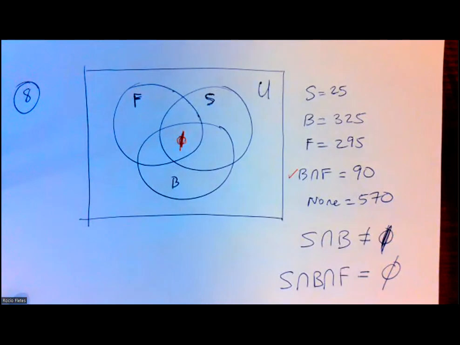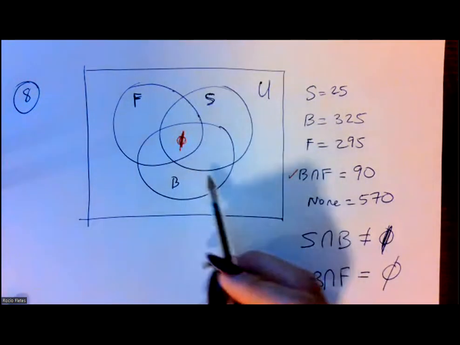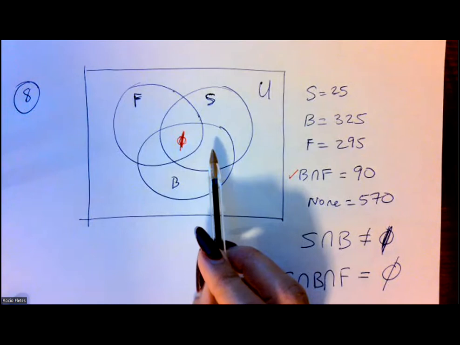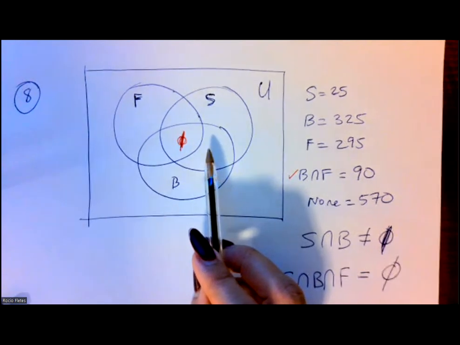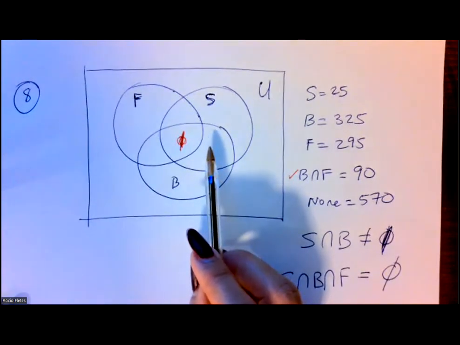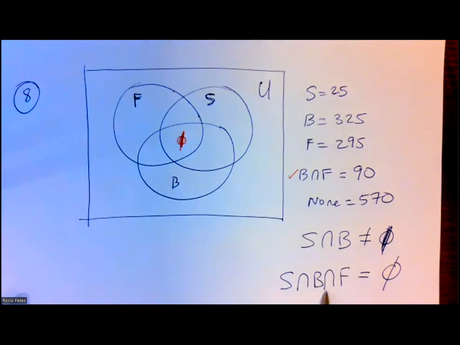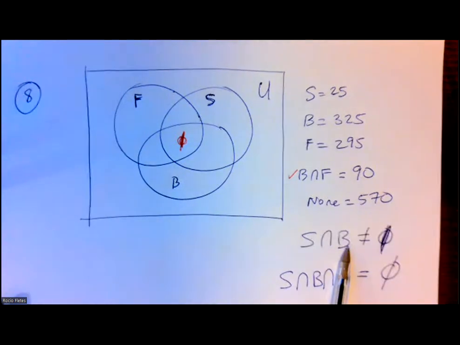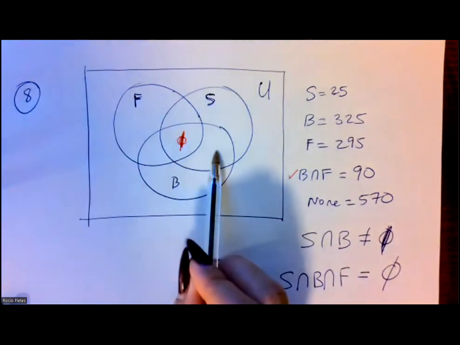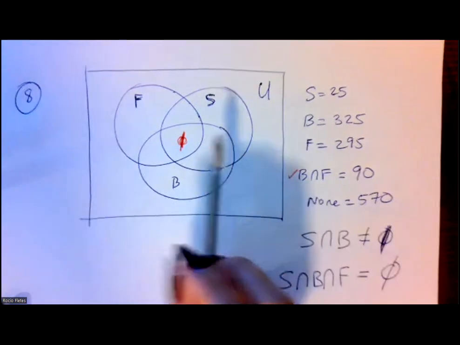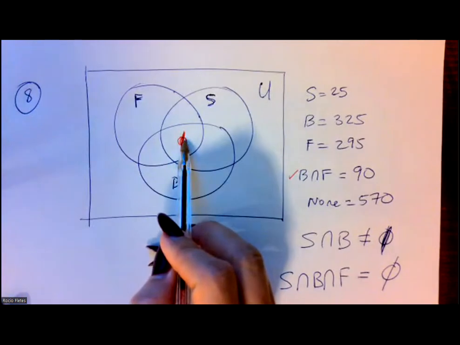So that's empty. And then we also know that S and B have nothing in common, so that forces the intersection here to be totally empty, right?